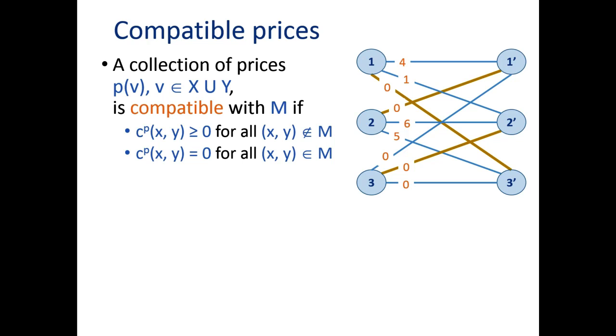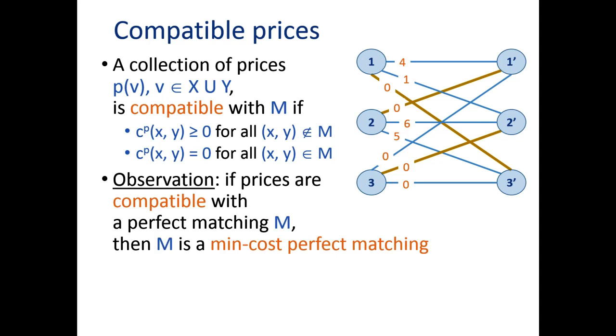If I somehow magically manage to come up with a collection of prices like in the previous slide, such that prices are compatible with the perfect matching, then M is a min-cost perfect matching. Prices are compatible, meaning this matching has 0 cost and everything else has non-negative cost, so this matching is one of the best.